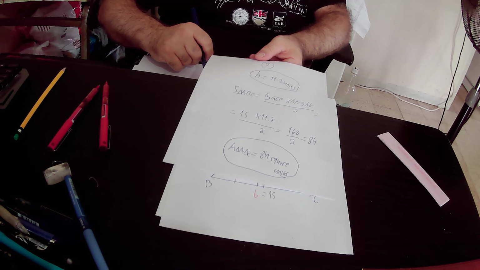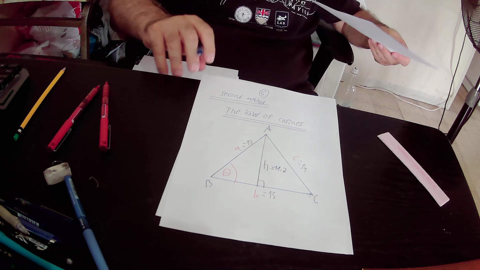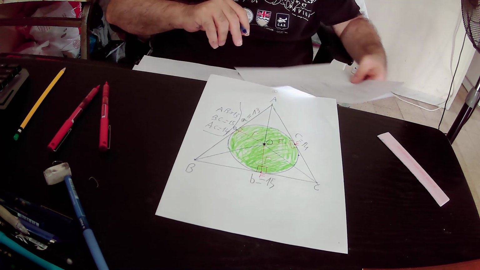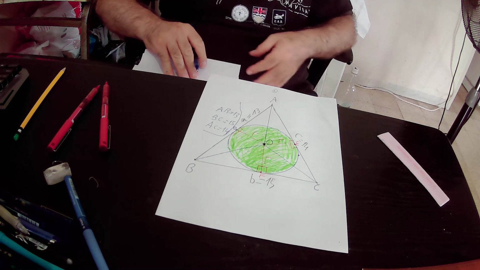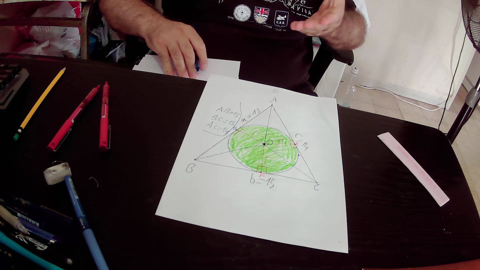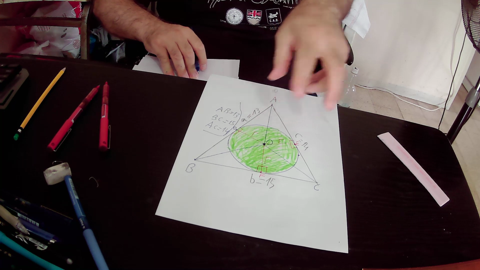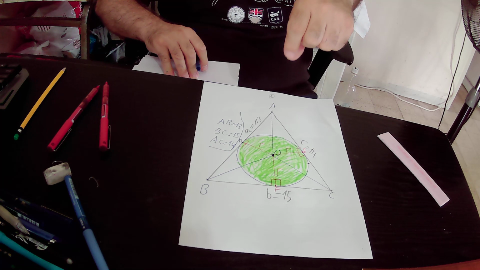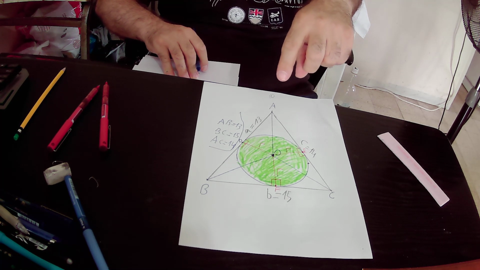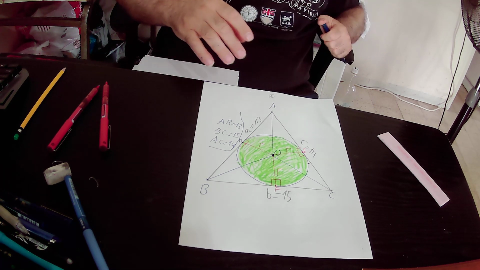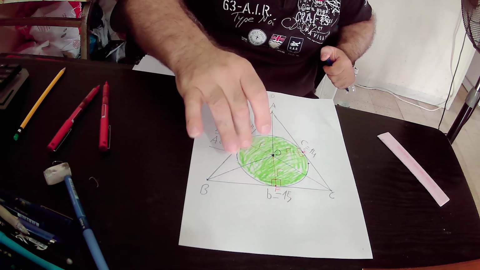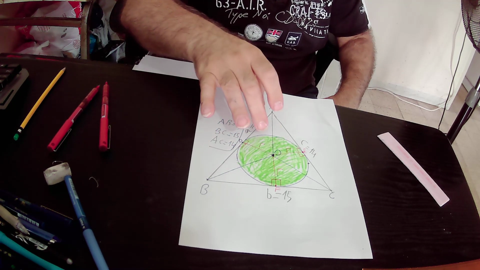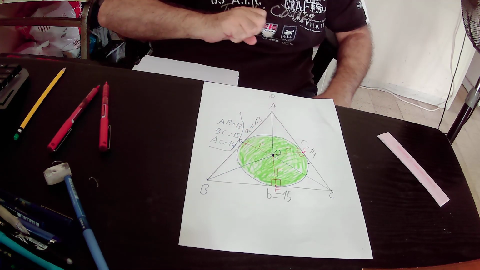Okay, so that was the second method to find out the area of triangle ABC. And actually after we found out the area of triangle ABC, we will continue in the same way as we did in the first method. We actually created three small triangles, and the height of those three small triangles is the radius of the green circle.